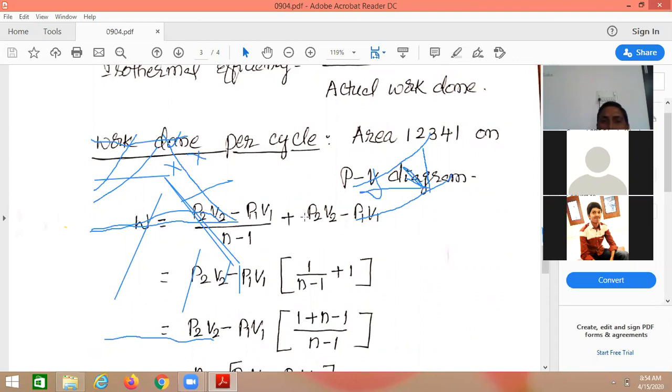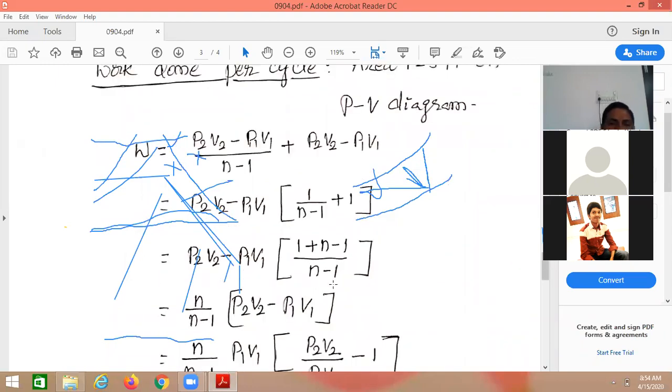From both these terms, P2 V2 minus P1 V1 is taken common and the rest of the coefficients are taken inside. By simplifying, we obtain n by (n minus 1) times (P2 V2 minus P1 V1). That is what we have got.